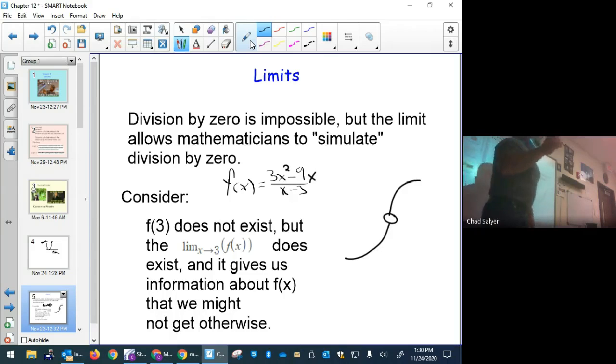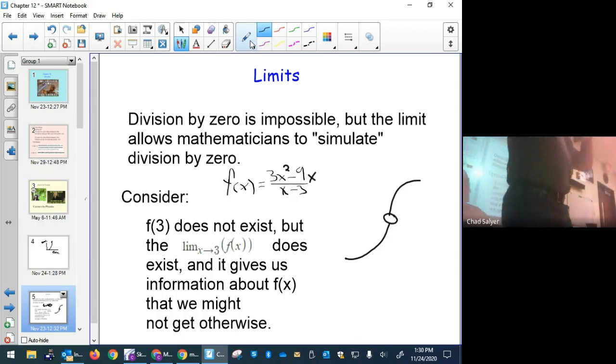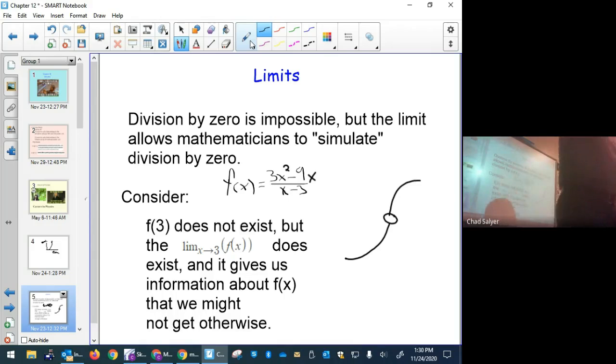If I have an infinite type discontinuity, you remember that's where it goes to positive or negative, or both infinity around the discontinuity, then no limit exists. If I have what's called a jump type discontinuity, and you'll remember that those only occur in the exotic piecewise type functions that we don't often see, then it also doesn't have a limit. It has to be like this. In other words, approach the same value for both sides. Provided that's the case, the limit exists.